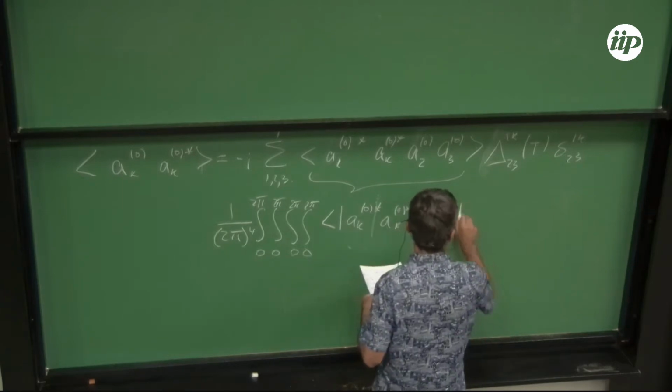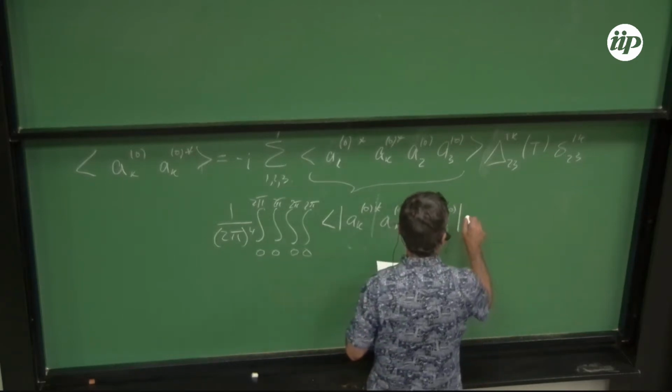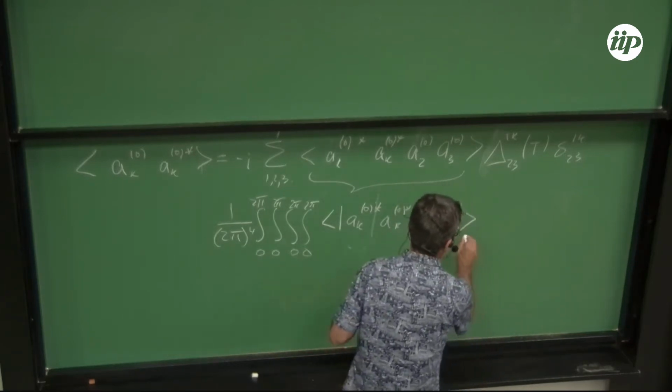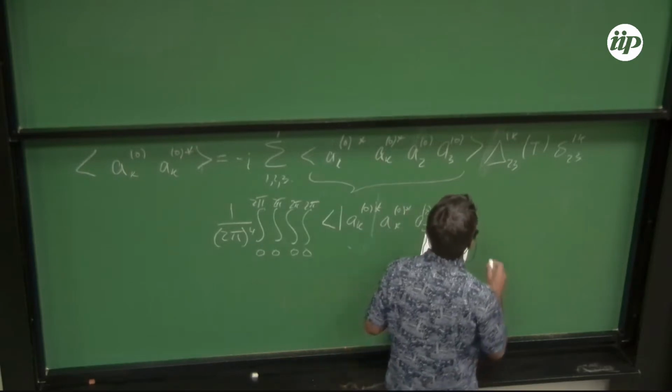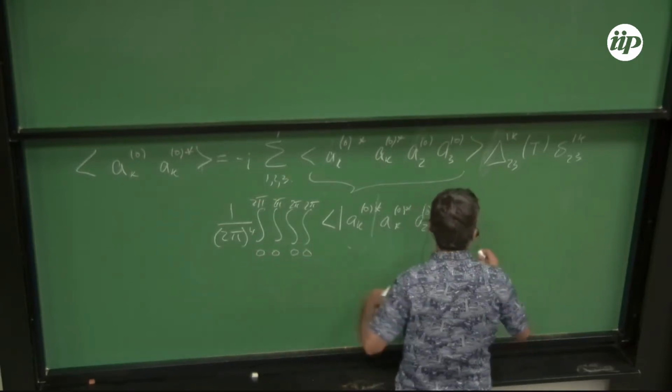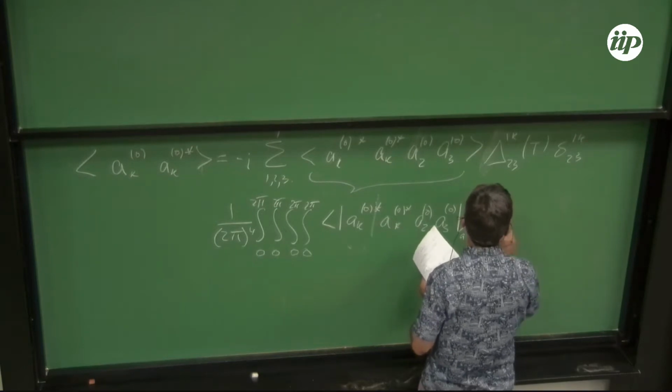I take the modulus separately, so that will have to be averaged over the amplitudes. But this integral represents the averaging over phases.